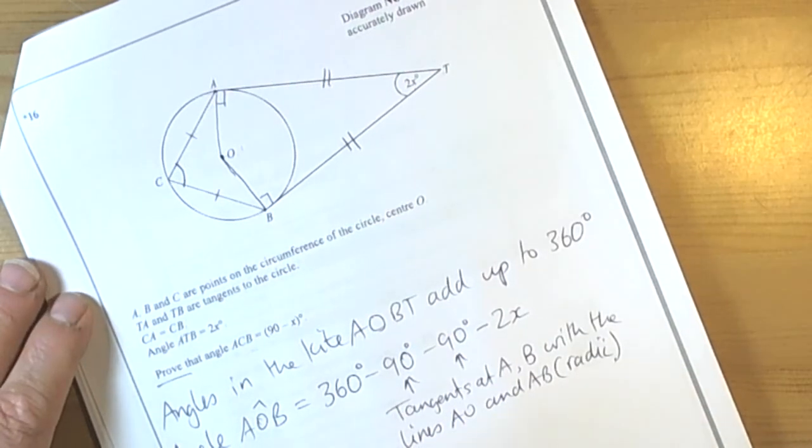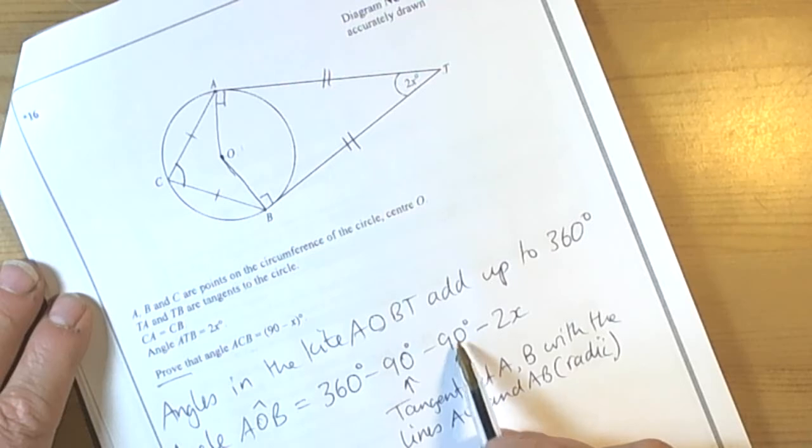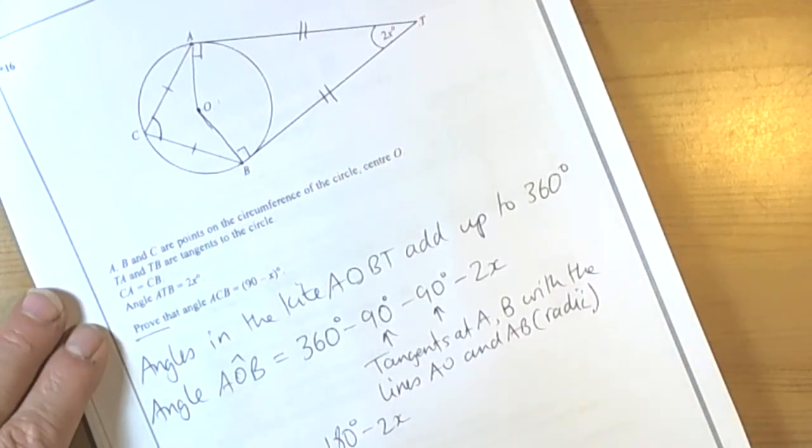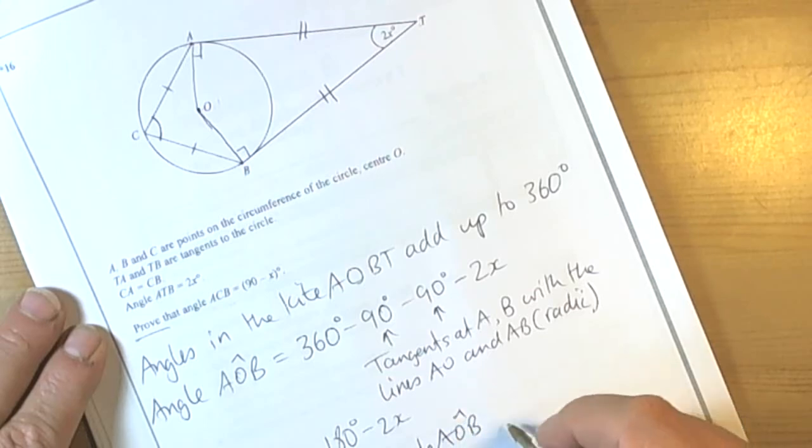Okay, so we know then that angle AOB is going to be 360 take away 180, so that's 180 degrees, take away 2x. Angle ACB equals a half of angle AOB.